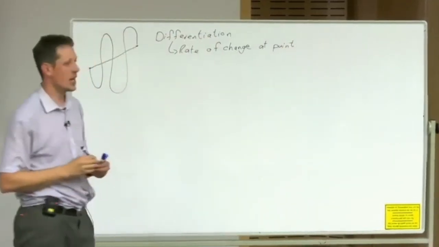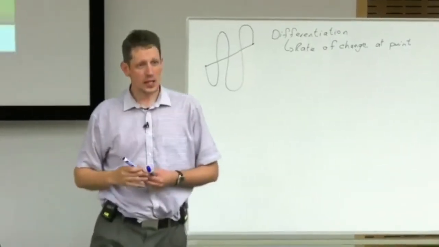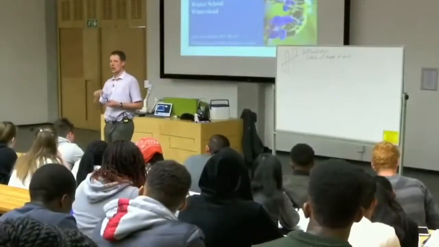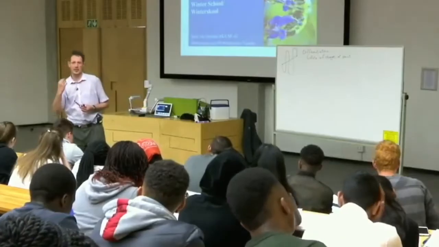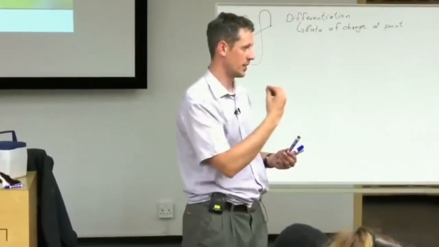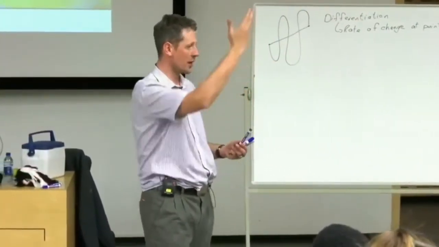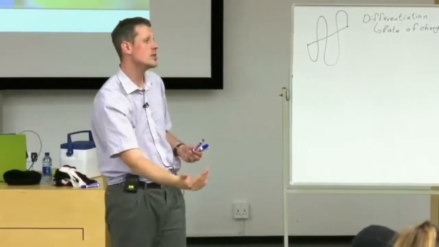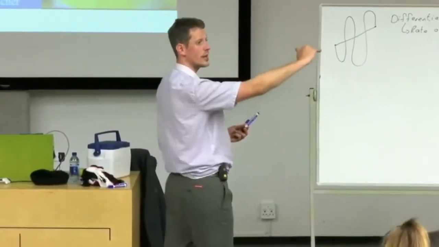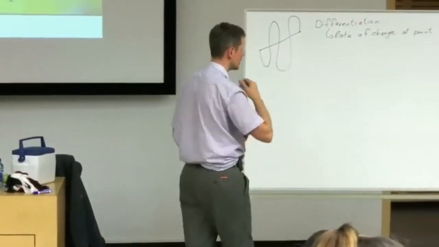The rate of change at a point. It is important that you not only can differentiate, but that you understand what's happening. Is the graph going up? Is it increasing? Is it decreasing? Or is it stable? It's stationary.